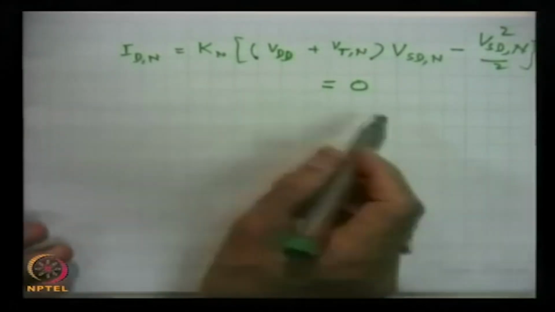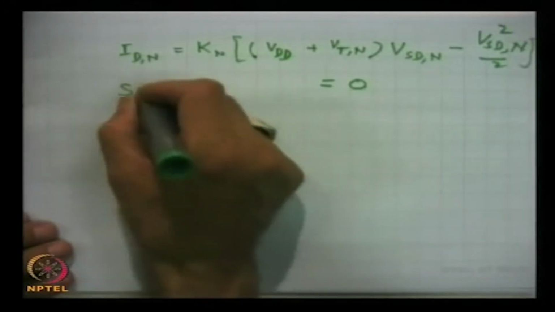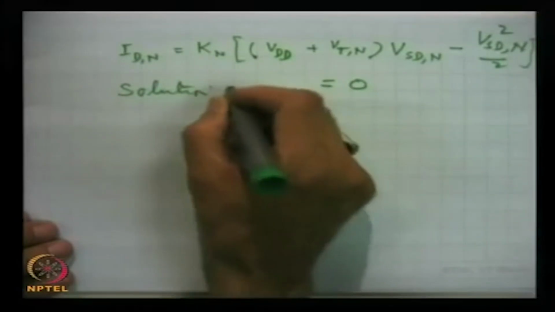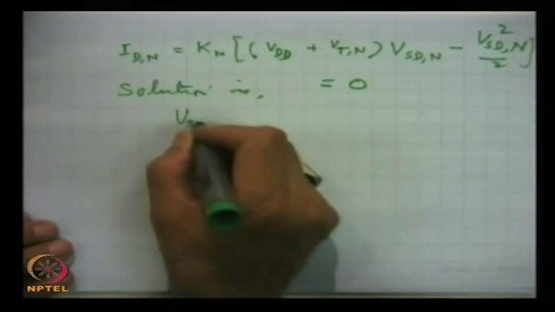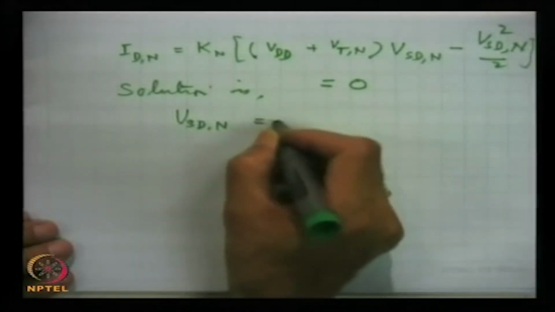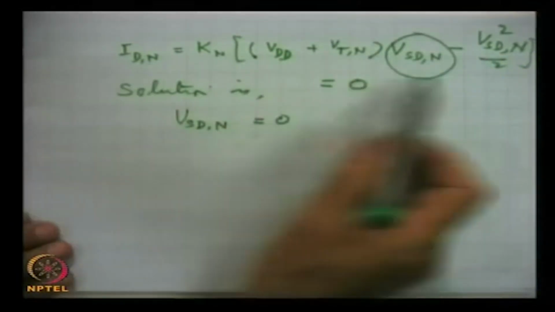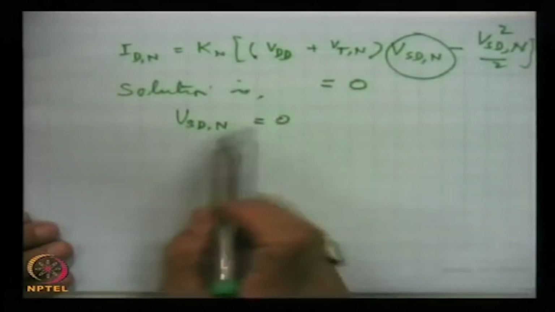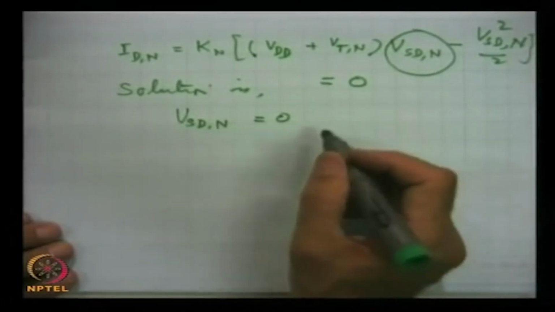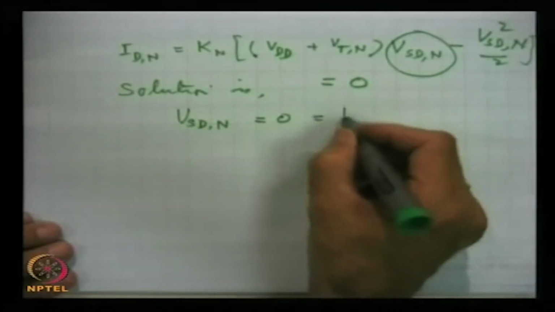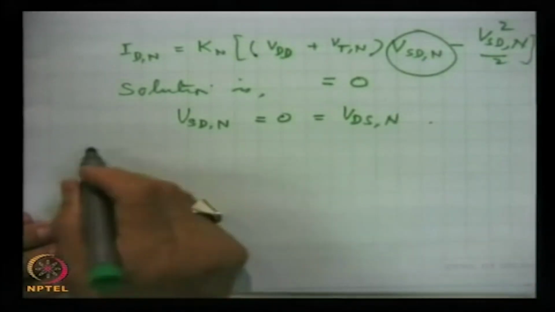and the solution of this equation is that VSDN is equal to 0. This has to be 0 only then, because other quantities are not 0. So, VSDN is 0 and this is the same as VDSN. And what was output?